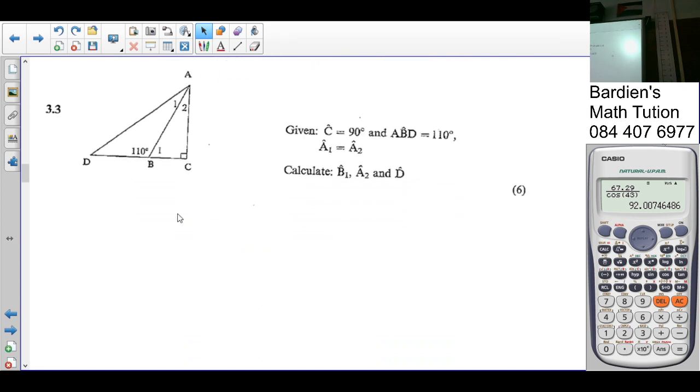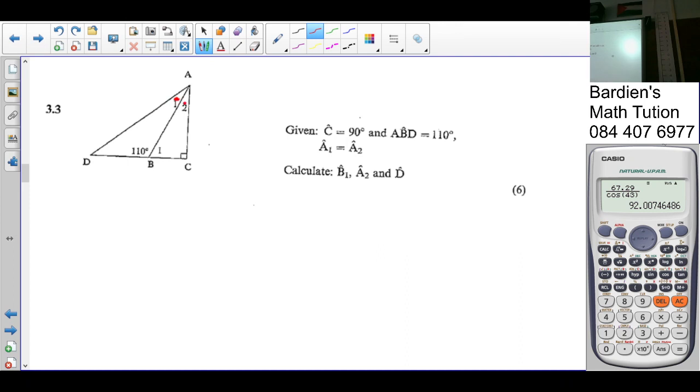Question 3.3. We are given that angle C is 90, angle ABD is equal to 110, and angle A1 is equal to angle A2.